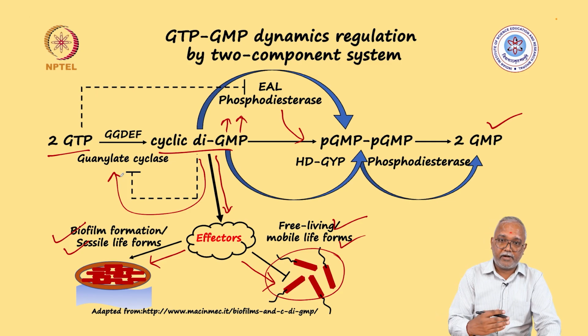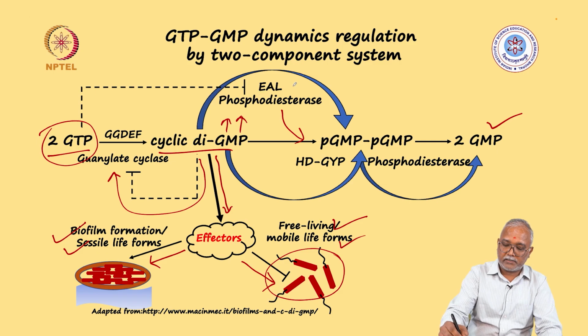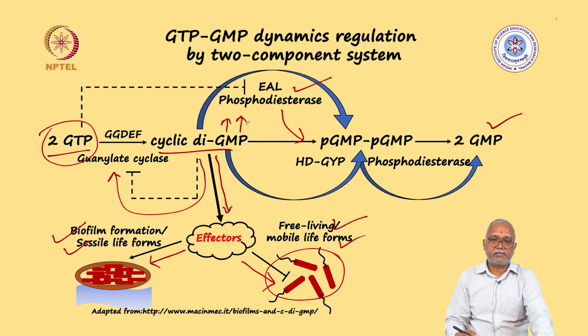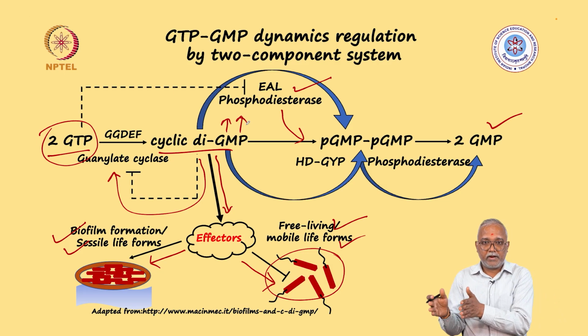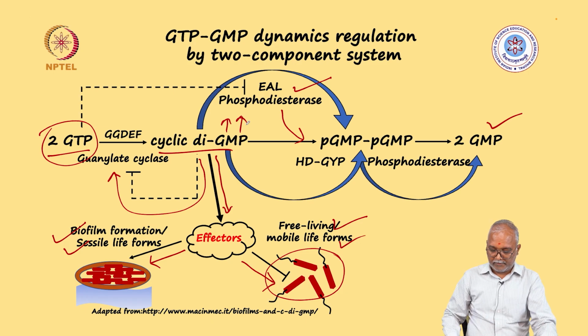So, this is a negative feedback which is given to the bacteria that the signal is enough. Also, the presence of free GTP will be giving an inhibitory signal to the phosphodiesterase, so that you allow more and more cyclic di-GMP formation. So, together you will notice that the dynamics between GTP as a linear form converting into GMP first through an intermediate of cyclic di-GMP is tightly regulating the life forms of the bacteria.